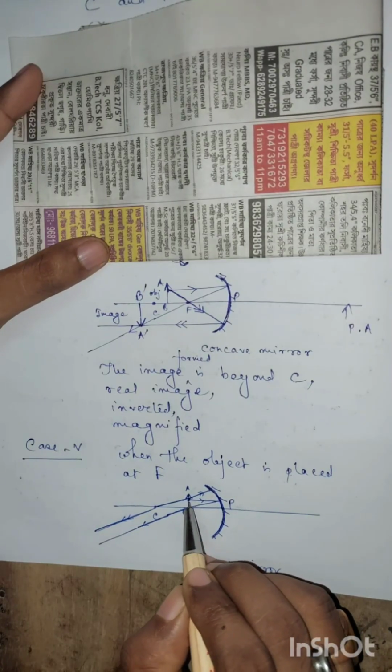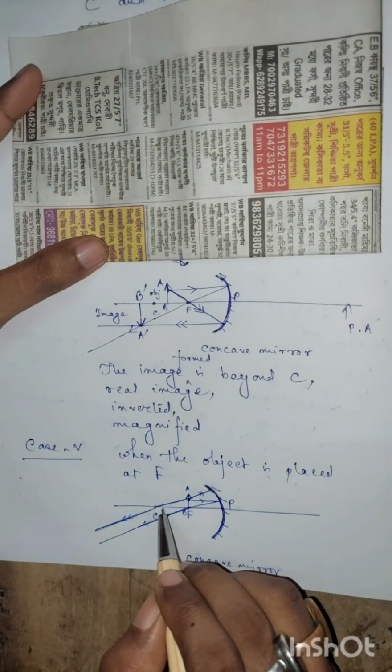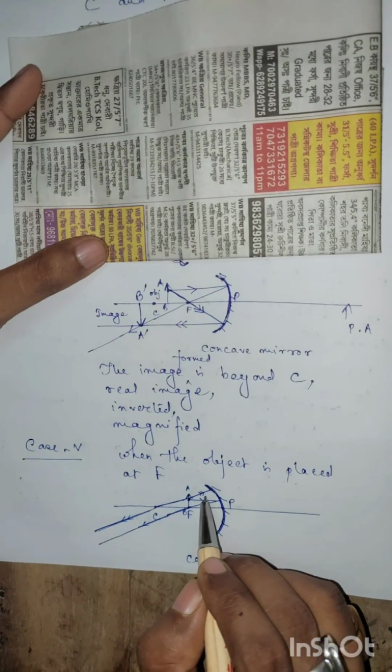So the second ray will follow the same path but in backwards direction.